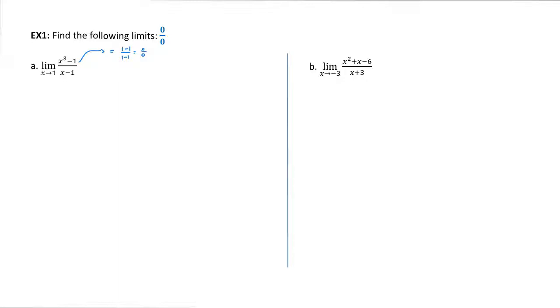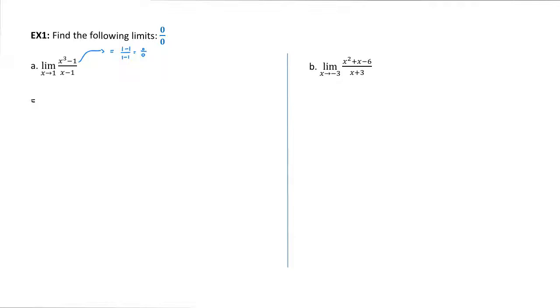Remember again, getting the indeterminate form 0 over 0 says nothing about whether the limit exists or not. We're going to have to do some sort of algebraic manipulation. So here I am thinking x cubed minus 1. How do we factor x cubed minus 1? This is something that you have to remember from algebra.